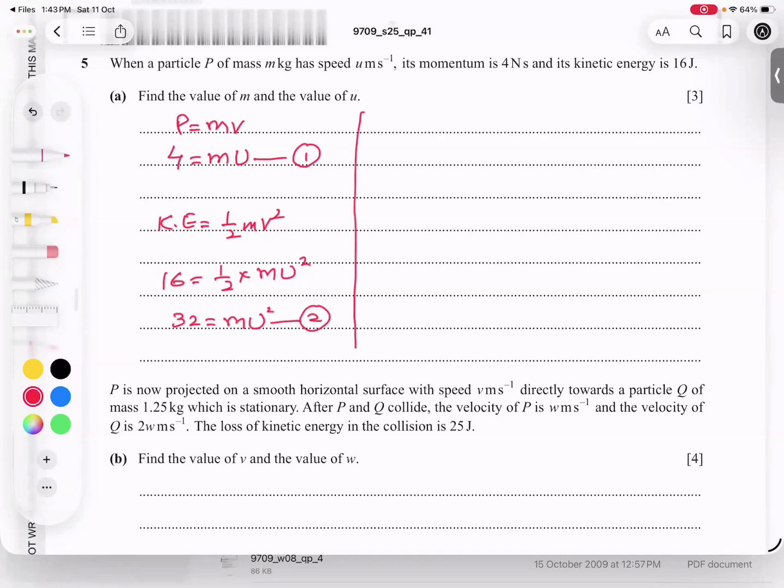I have to solve them simultaneously. If I divide the second equation by the first equation, what happens? 32 and mu square go up, 4 and mu go down. Mass cancels, u cancels, and this is 8. So I got the u value 8.